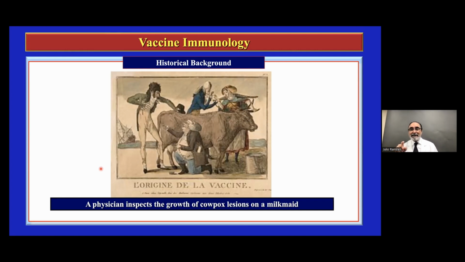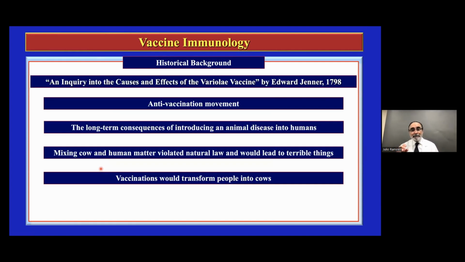Now, another interesting thing, talking about what is happening today, is that the anti-vaccination movement started with Jenner's first publication, because the issue at that point was: what's going to happen? Will you inject some animal stuff into humans? Of course, mixing cow and human matter violated natural law.